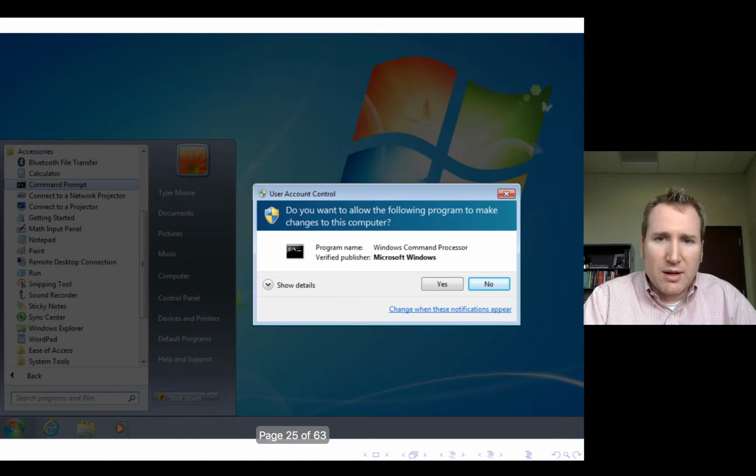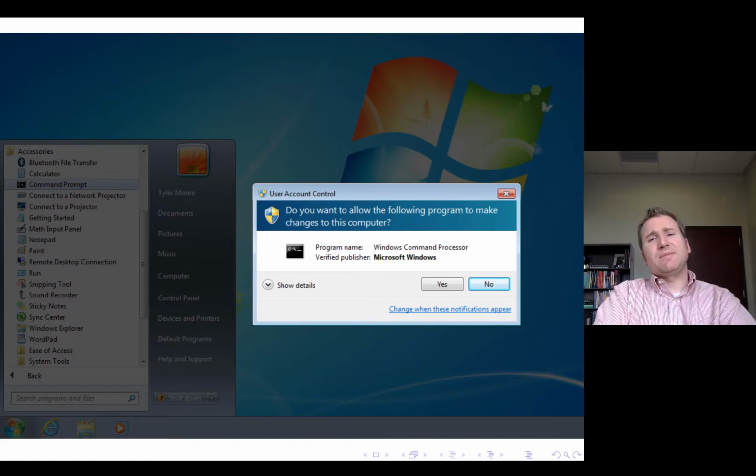And the last thing I'll end you with here is this screenshot. This is a screenshot from Microsoft Windows Vista. So this was the first attempt by Microsoft to really implement and support the principle of least privilege in the design of the operating system.